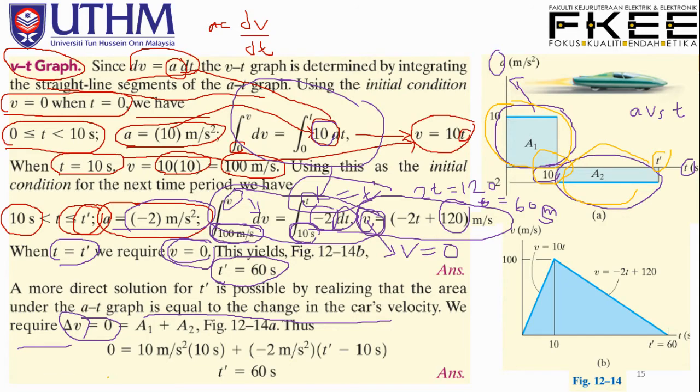Then we sum up the values A1 plus A2. The area of A1 is the width of this box multiplied by the height of this box, so we get 10 multiplied by 10. Similarly, this is for A1, and then for A2 we have the second box over here.